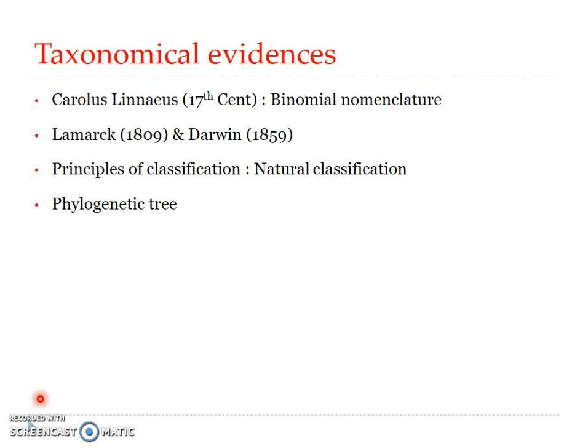In the 18th century, Swedish biologist Carolus Linnaeus, or Carl von Linné, popularly known as Linnaeus, developed a new scheme of classification and a uniform method of naming animals, which was referred to as binomial nomenclature.